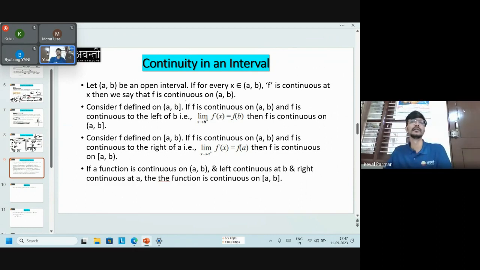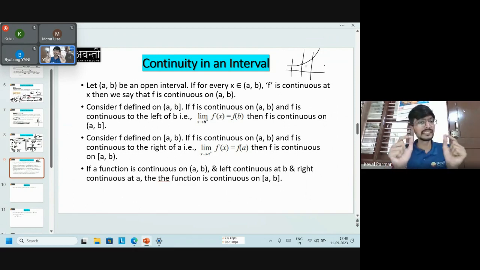If I take the exponential function, its graph looks like this. Here it is 1. As you can see, if I take an interval, it is always continuous. So if my function is a standard function, we can say directly without checking that it will be continuous in its domain.